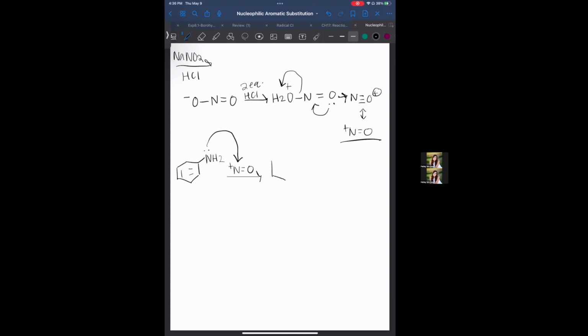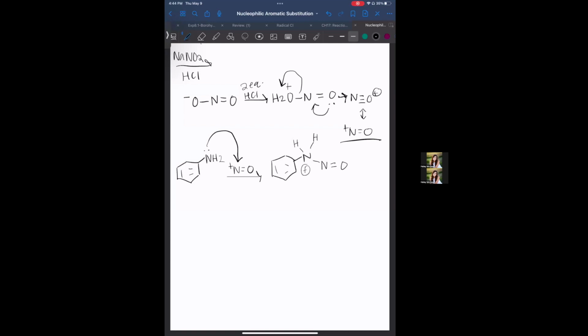And that's going to leave us with this right here. An N with two H's, so our NH2, single bonded to this N, which is double bonded to this O. And now it's this nitrogen that carries that positive charge.